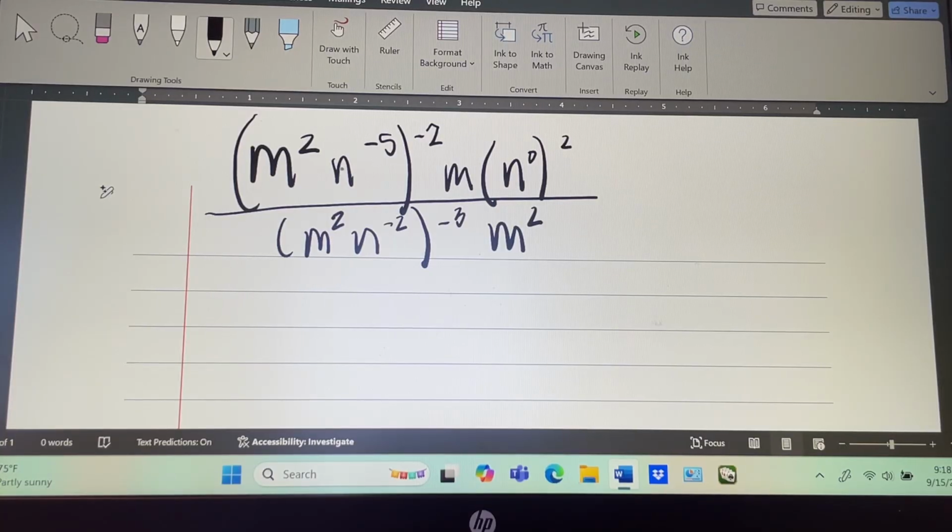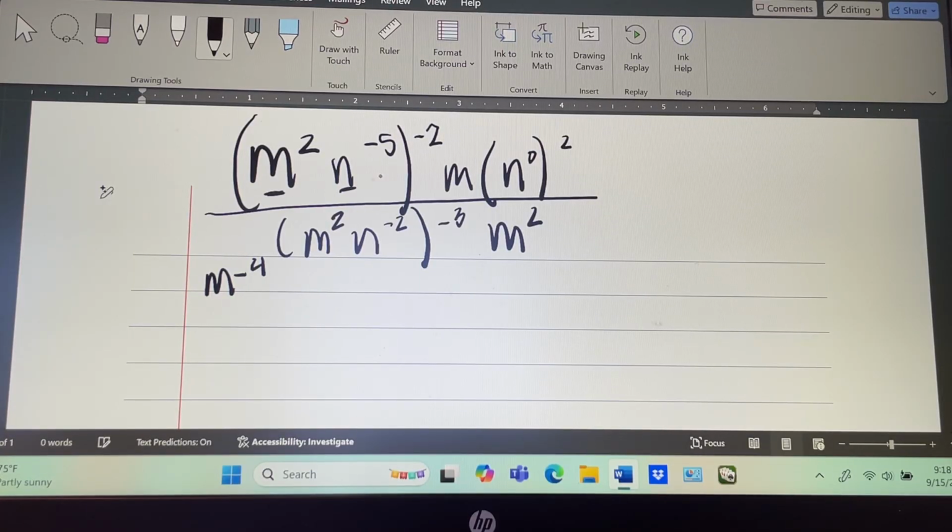Now remember, when you have one variable like this m up here, and it's being raised to 2 different exponents, when we have that situation, we multiply those exponents. So that becomes m to the negative 4 power, because 2 times negative 2 makes it negative 4.